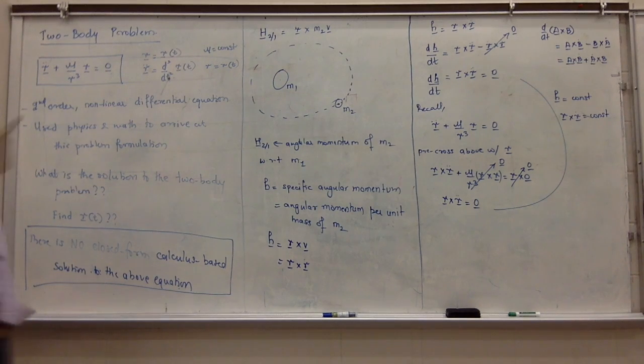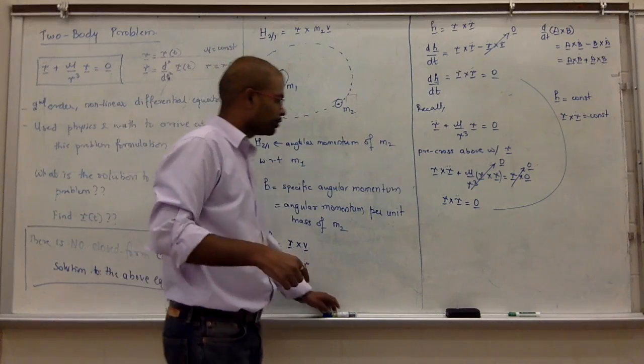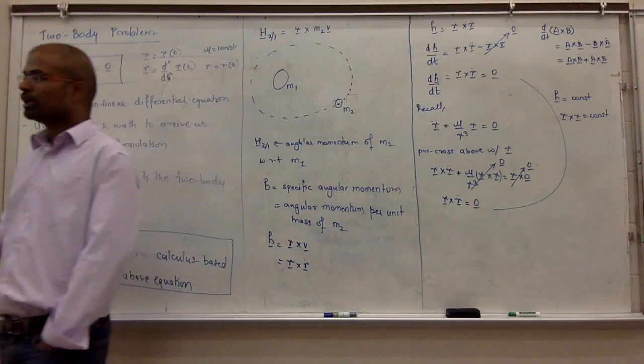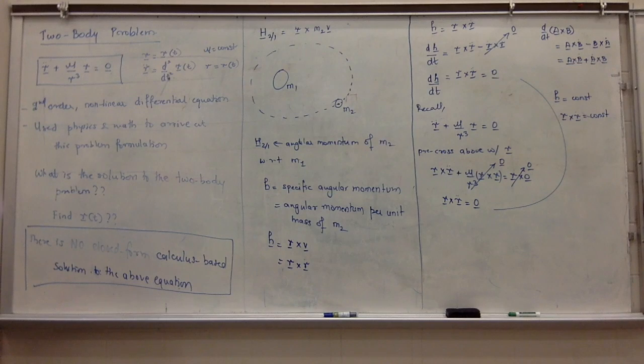Okay. So when something is orbiting, I want you guys to keep this in mind. The velocity vector is not tangential. What does that mean? What is tangential? It's not tangential, unless I tell you it's tangential.